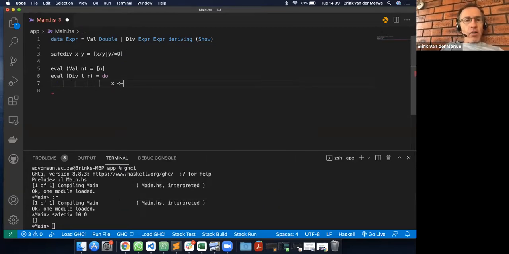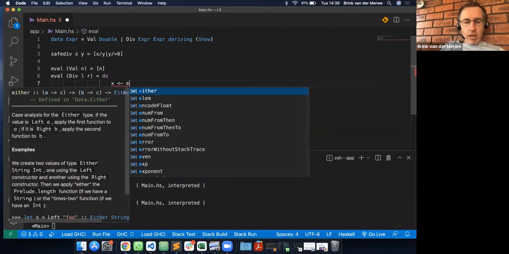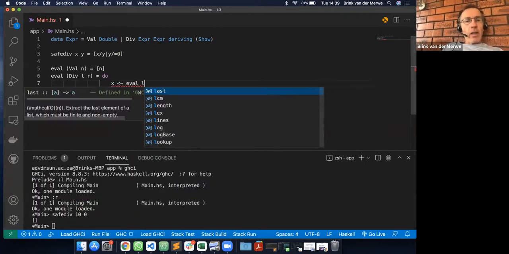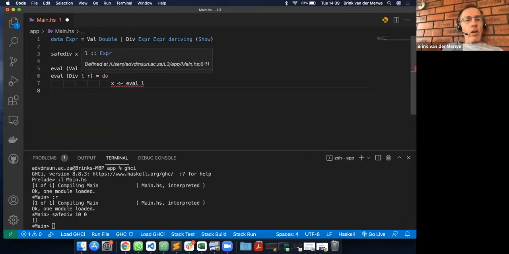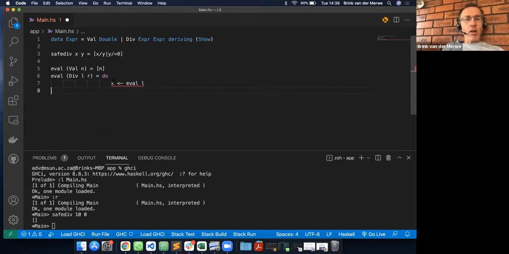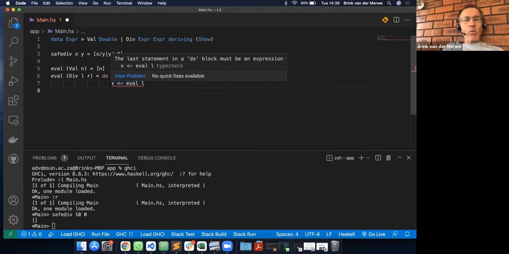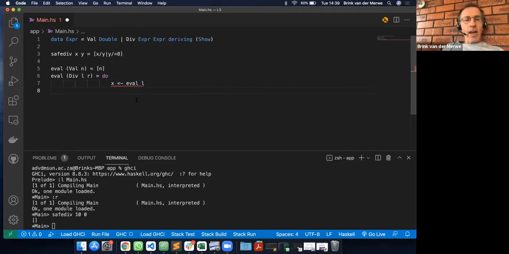So we have this kind of notation. Let's evaluate the left part. Either we get the empty list or we get a list with just the value x in it. So the x corresponds to the case when it's possible to do the evaluation.